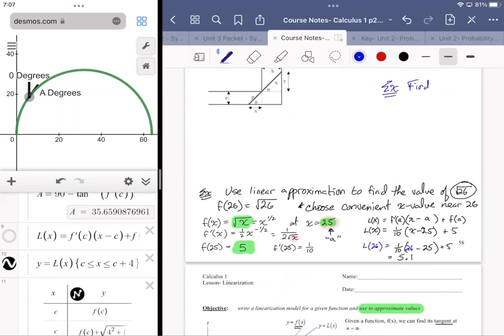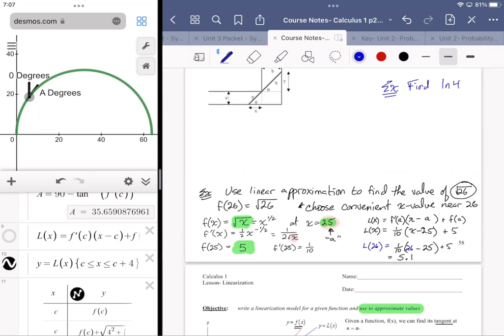find, I don't know. I'm going to do a trig one in a couple of minutes, so I'll stay away from that. But let me do a log. Let's say I needed to find the natural log of 4, right?